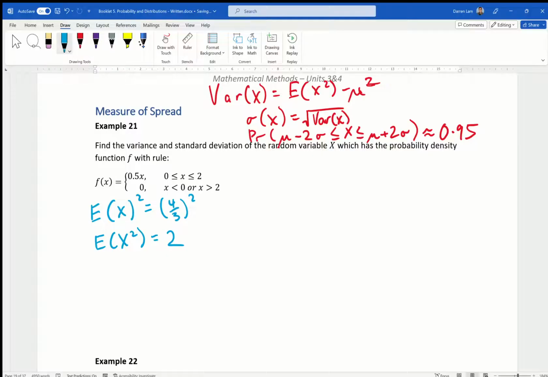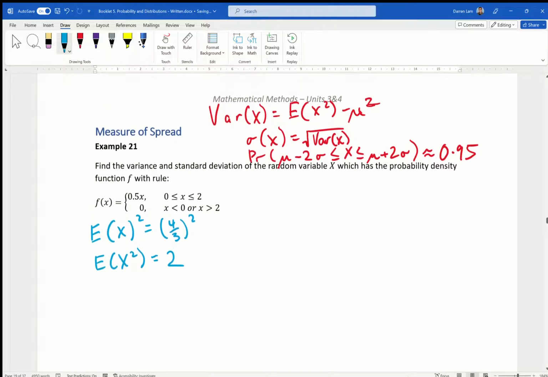Using that formula, remembering that it's going to be your E of x squared minus E of x squared, that just becomes variance of x equals 2 minus 4 over 3 squared, which gives us an answer of 2 over 9. I skipped the step of solving it, but I'm sure you can do that yourself.